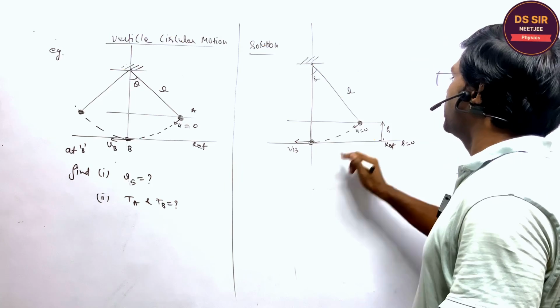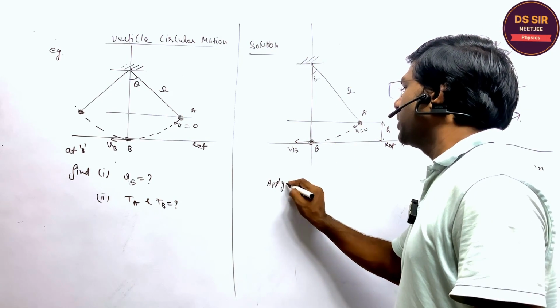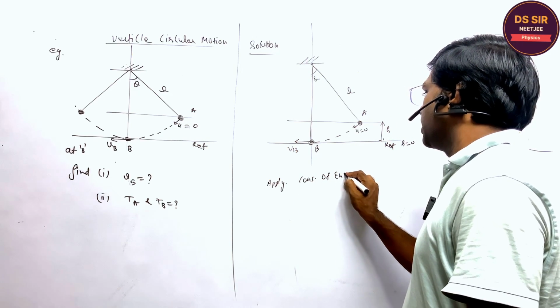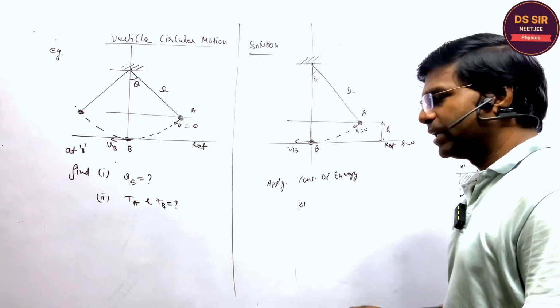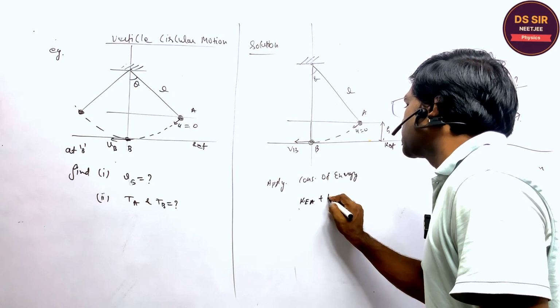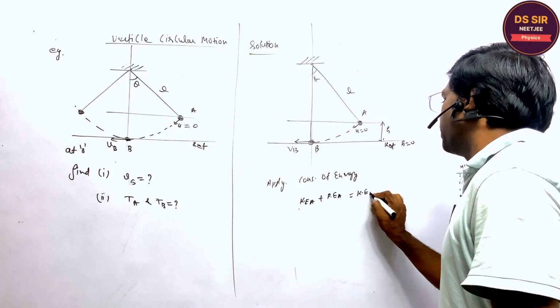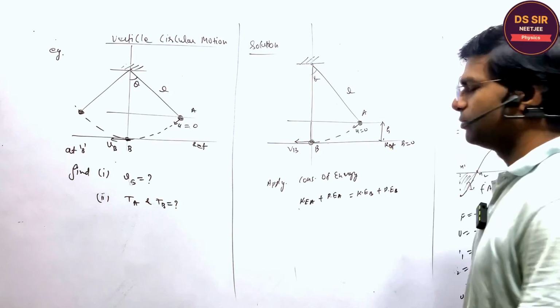Or you can say, if these are A and B, what can you apply? The conservation of energy, right? What is the conservation of mechanical energy? You can write kinetic energy at A plus potential energy at A is equal to kinetic energy at B plus potential energy at B. Is it clear or not?